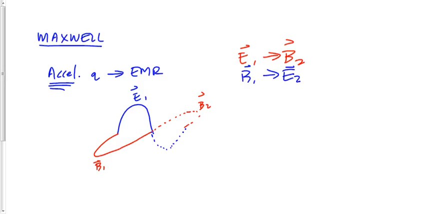In order to get this new field that propagates, that moves this way, perpendicular, by the way, to both the electric and magnetic field, we have to have a changing E1 and changing B1. If E1 was constant and B1 was constant, then that's fine. They're there, but they're not going to produce E2 and B2. And that's what we need to have EMR.